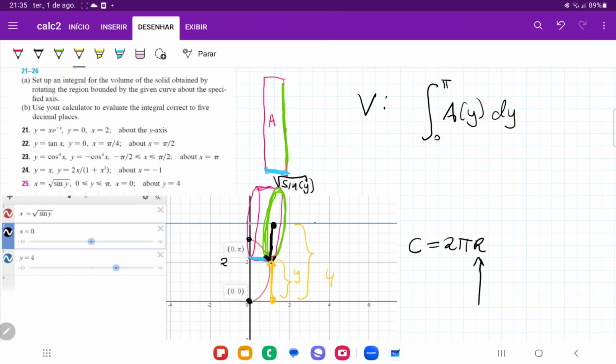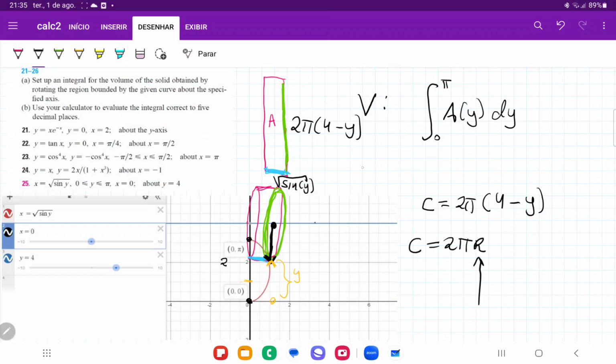If I were at y is equal to 1, I would go 4 minus this height of 1, which would give me 3. So the radius is actually the opposite: it's 4 minus wherever I'm at, because we're measuring it from the line y is equal to 4. And so my circumference is 2 pi times 4 minus y.